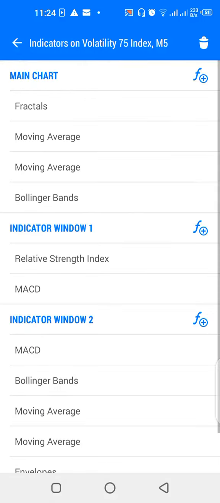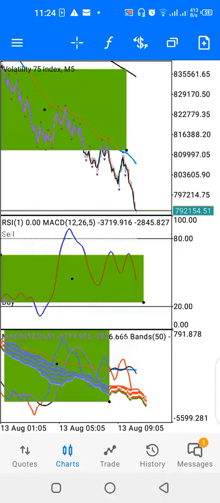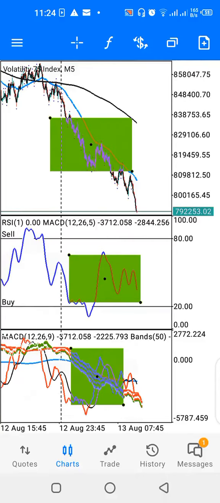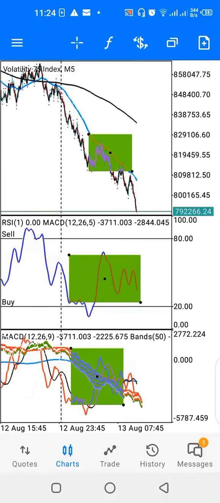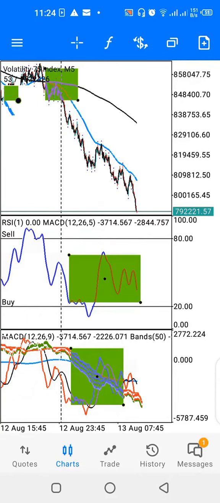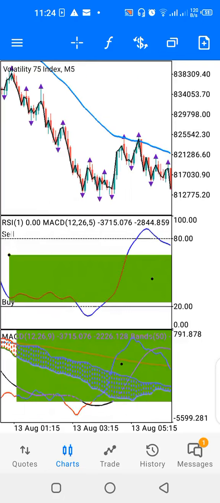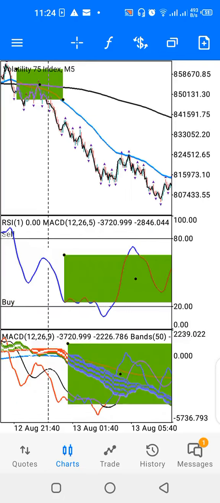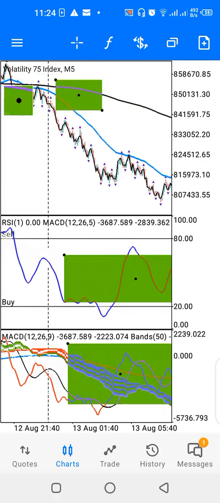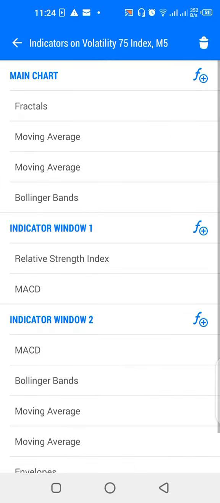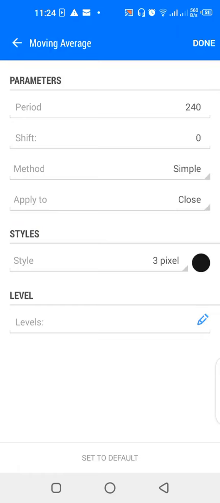So the way it works is, on the main window, what I do simply is to take my sell signal anytime the blue line crosses down below the black line. My black line is the 240 simple moving average.